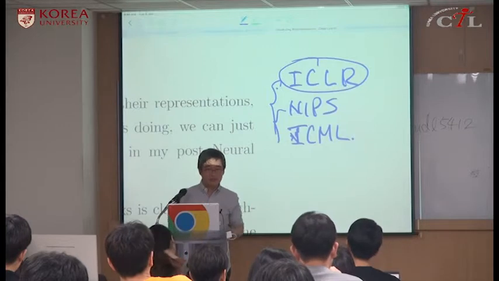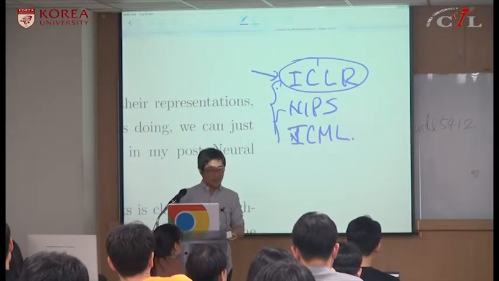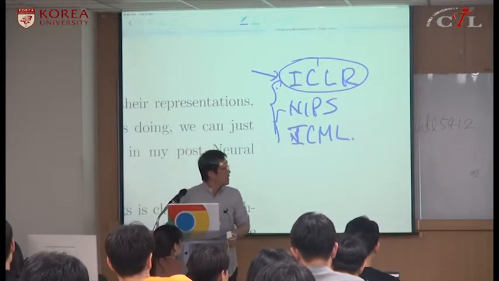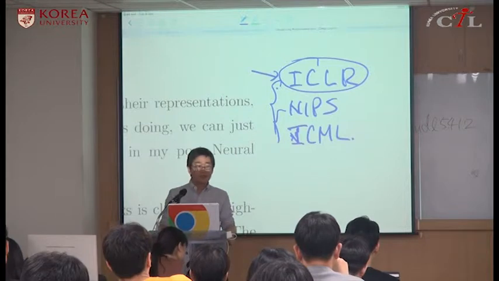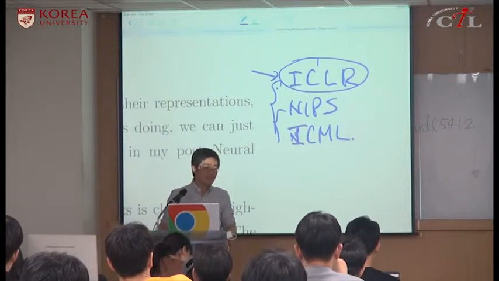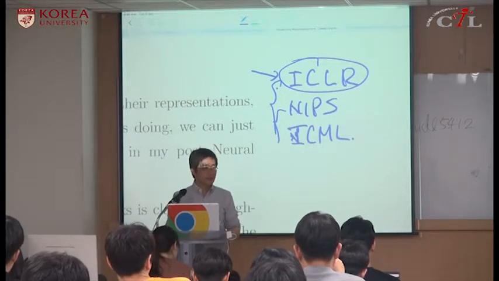Anyway, the reason why I'm introducing this is because it is the acronym for International Conference on Learning Representations. Learning representations is the key concept or key task in almost all neural net or deep learning tasks.